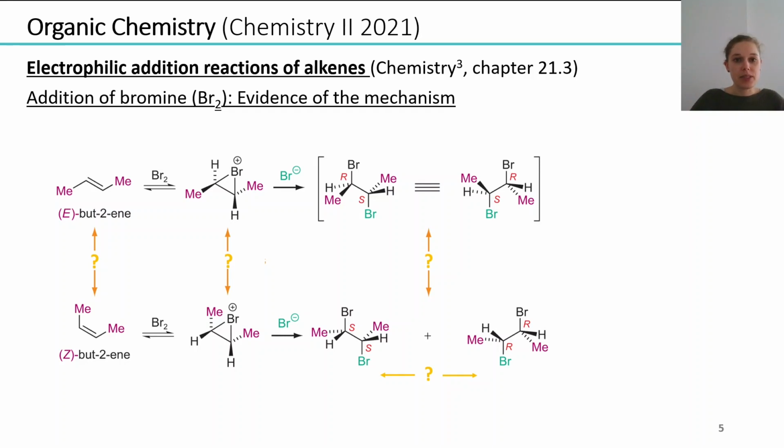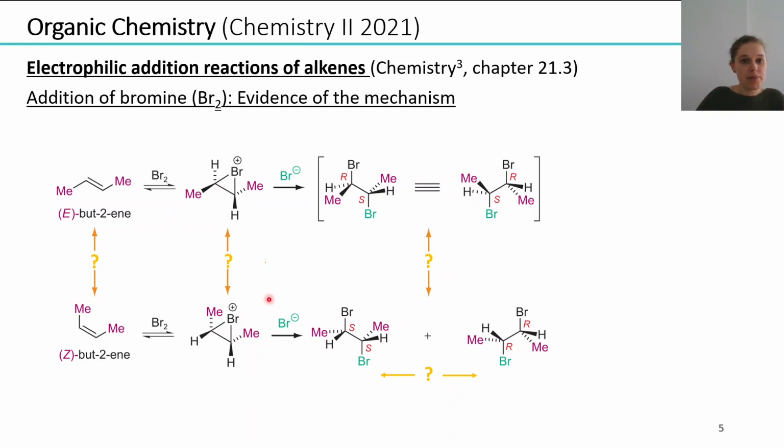And here we can see that the formation of an intermediate bromonium ion explains why the addition of bromine to a substituted alkene is stereospecific. So in a stereospecific reaction, different stereoisomers of the reactant produce different stereoisomers of the product. And this is shown by the reaction of the bromine with this E and Z isomer.